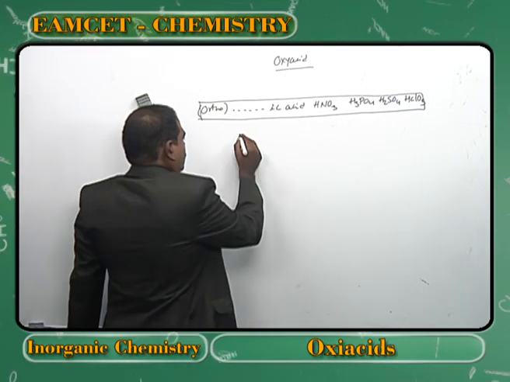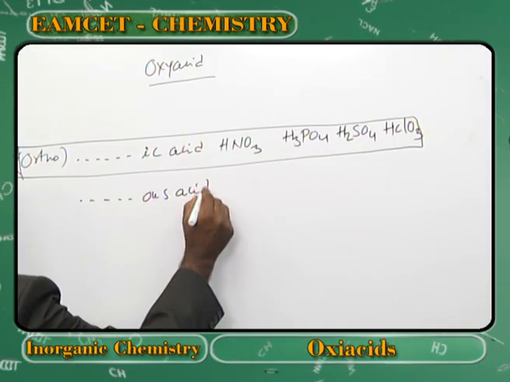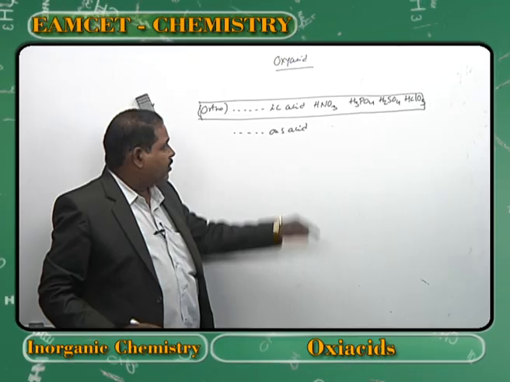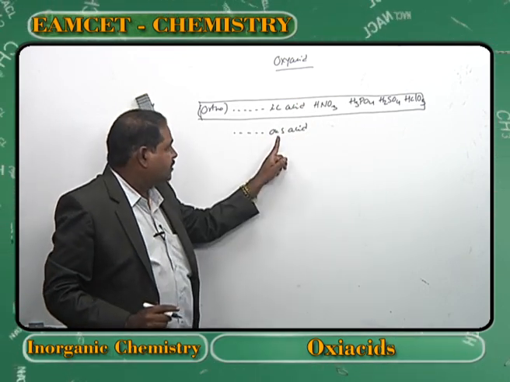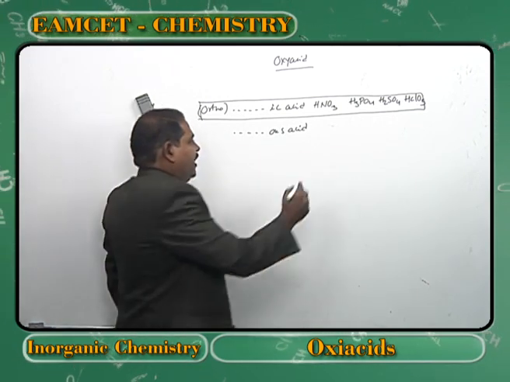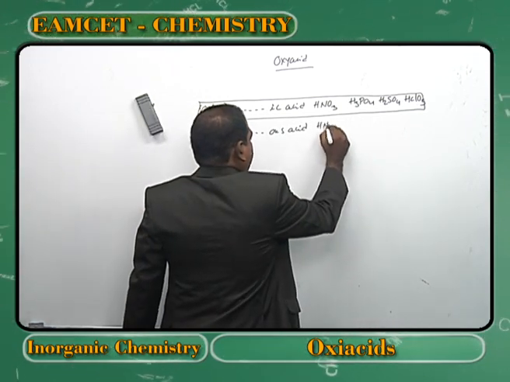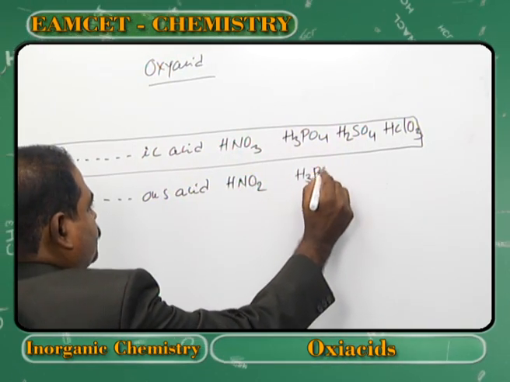Now, the us acid. Us means one oxygen less than ic. I repeat, us means one oxygen less than ic. It is HNO2, nitrous acid. H3PO3, phosphorus acid.